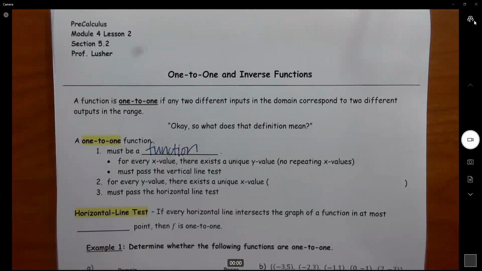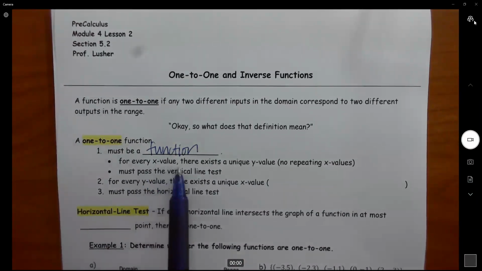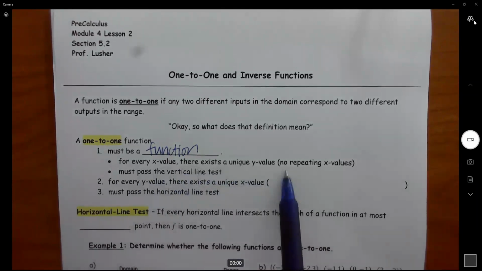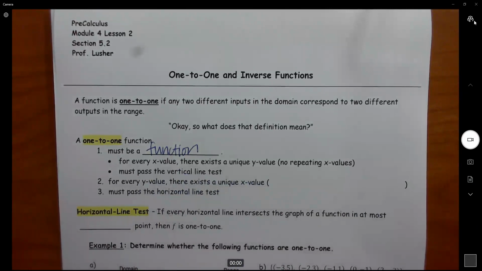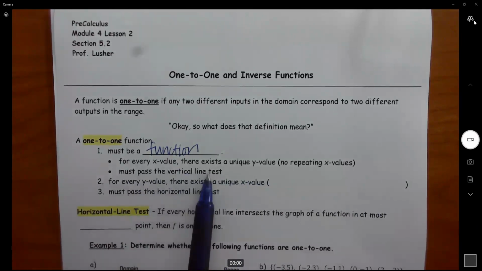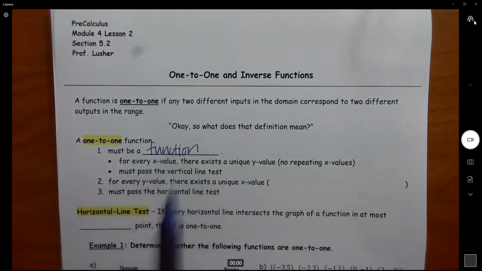For something to be a function, that means that for every x value, there exists a unique y value. So in other words, no repeating x values. And when I look at that visually, it must pass the vertical line test. Okay, so that's what a function is.